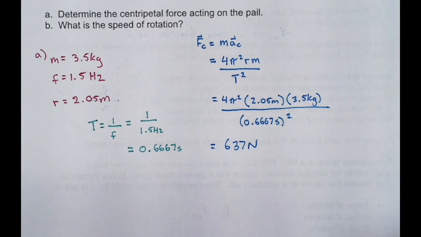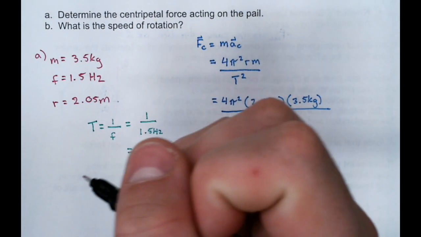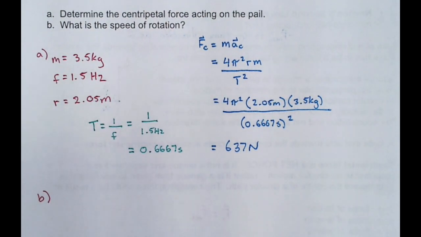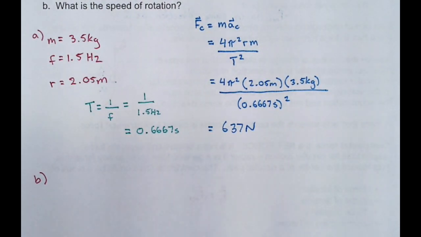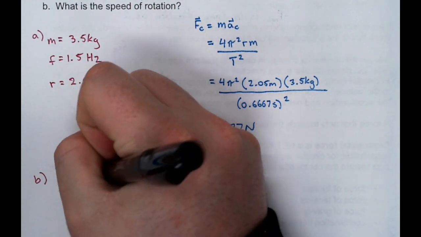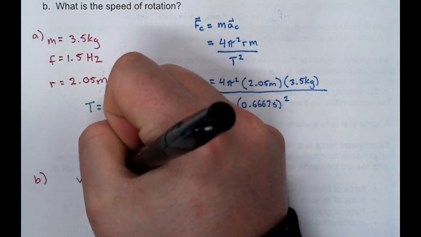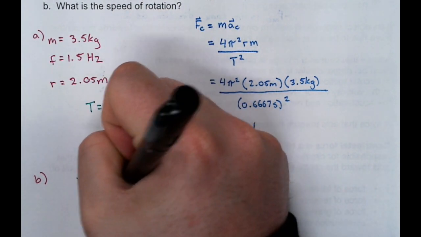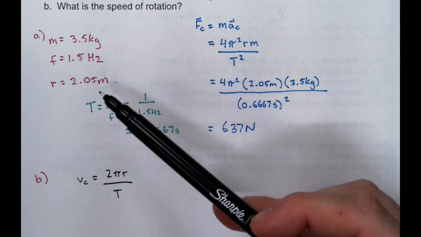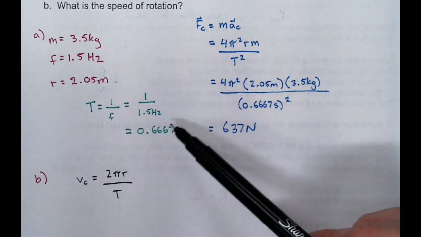The second part of the question wants us to determine what is the speed of rotation. So our formula for this is the centripetal velocity is equal to 2 pi r over t. We look and we have all that information. We know the radius and we've already solved for the period.